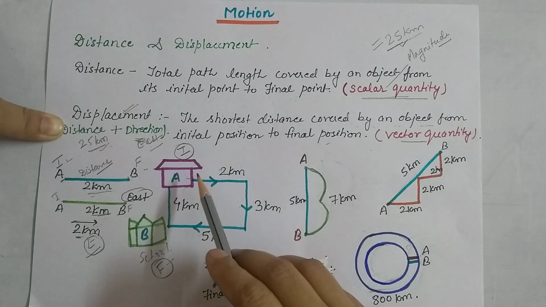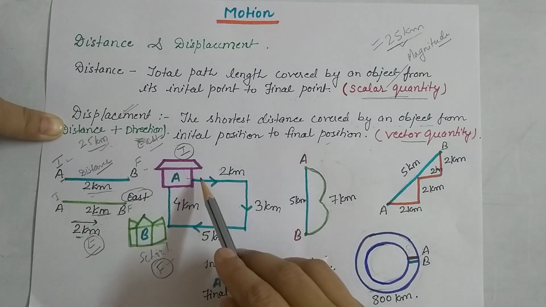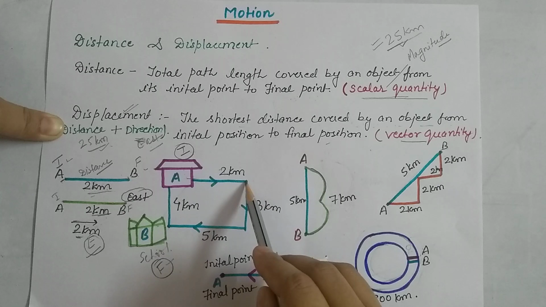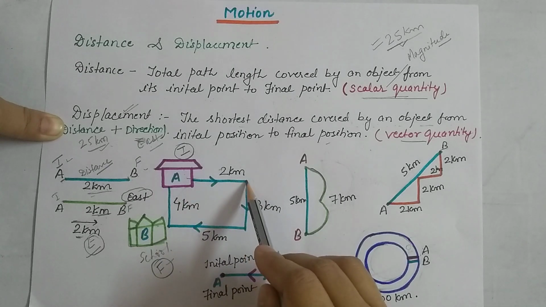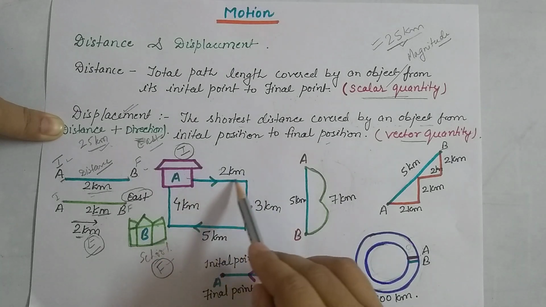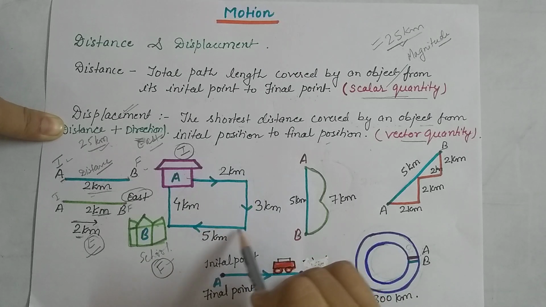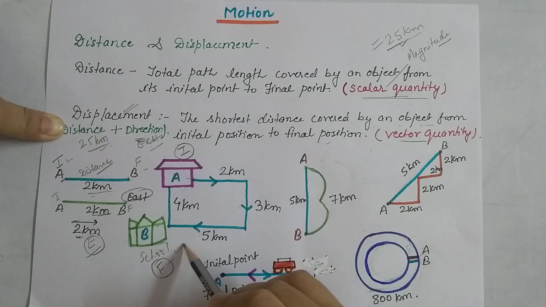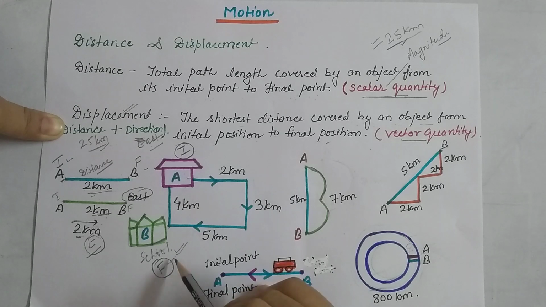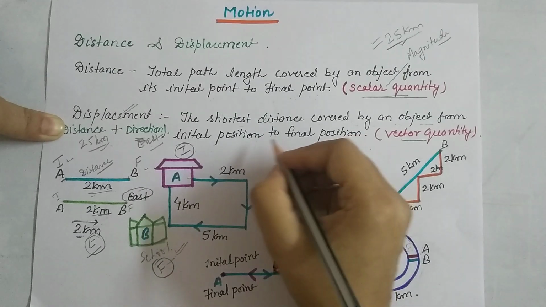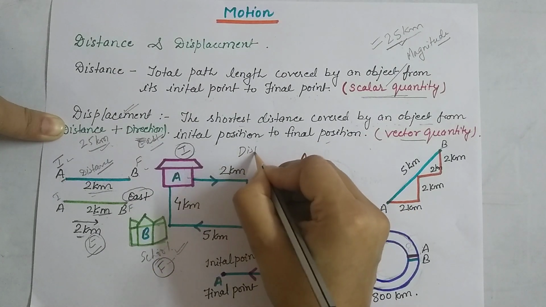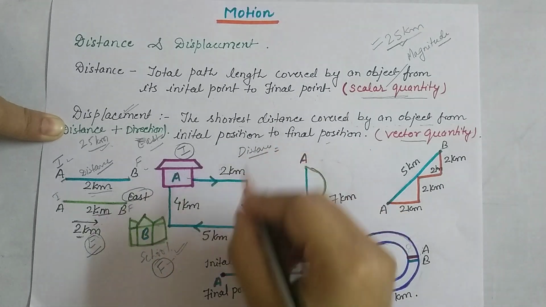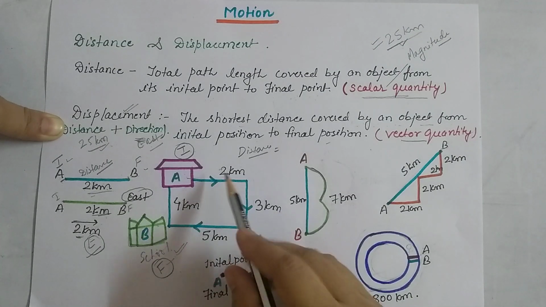Here the boy starts to walk. First 2 kilometers, then 3 kilometers, then 5 kilometers, and he reaches his final position, the school.